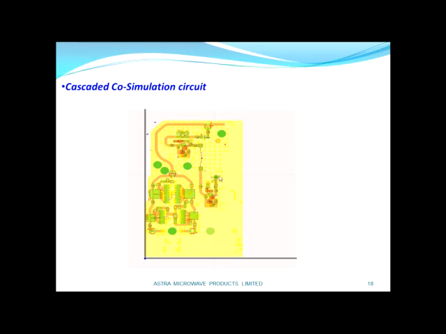If we do the cascaded simulation in the beginning itself, from the connector to here, it will be very difficult to know whether we have met all the requirements as per our calculation or not. So once I verified all these individual components, I did the cascaded co-simulation.